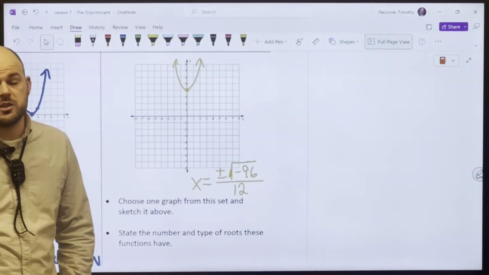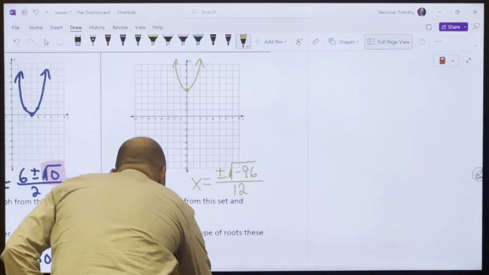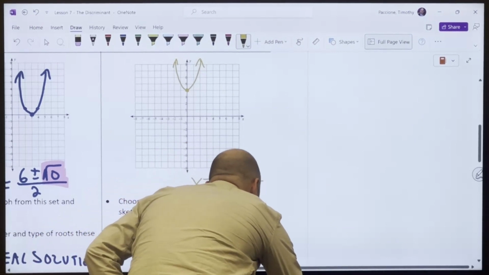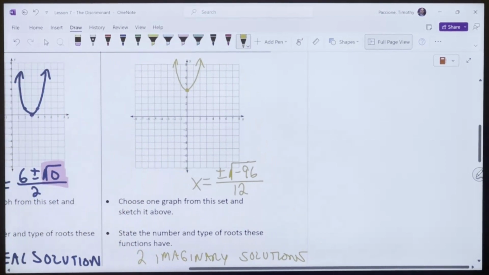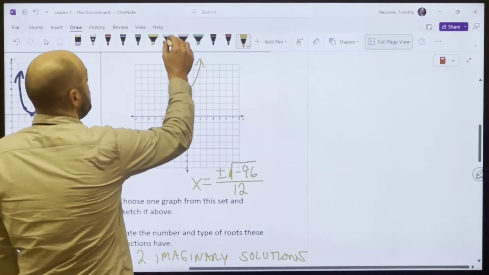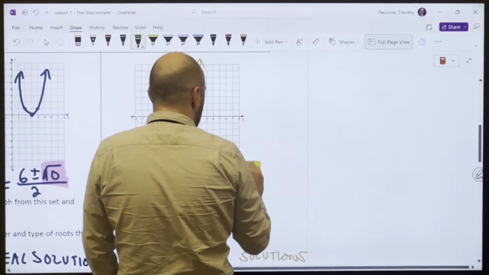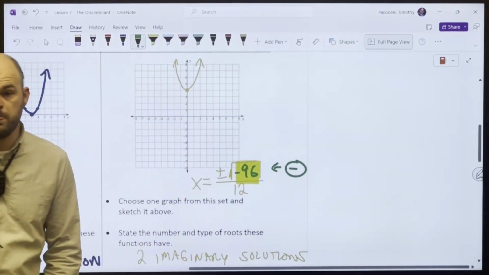There's no real solution, so there are two imaginary solutions, right? If you wrote 2i solutions on a test, I would know what you meant. And then what else did all of them have in common when somebody tried to do the quadratic formula? They all had a negative under the square root, okay?